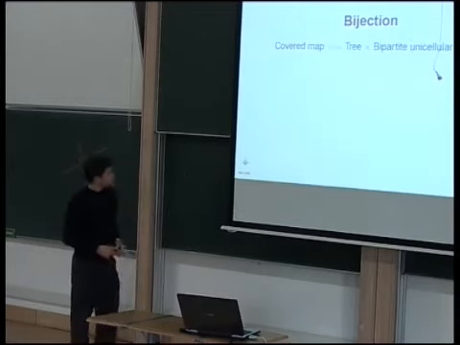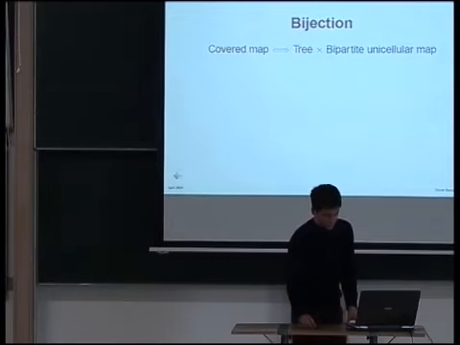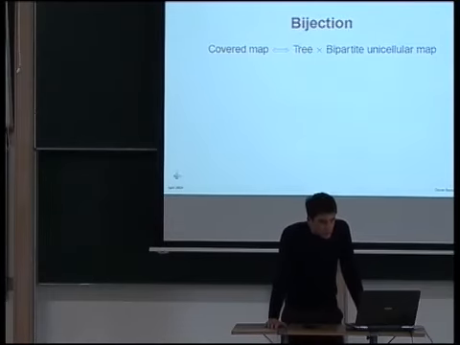It will be a bijection between covered maps and pairs made of a tree and a bipartite unicellular map. And if you were not too convinced about this higher genus thing, you can still think of it in the plane, and it's already a bijection. That can be any genus now? Yes. And then does it translate into something on the other side?